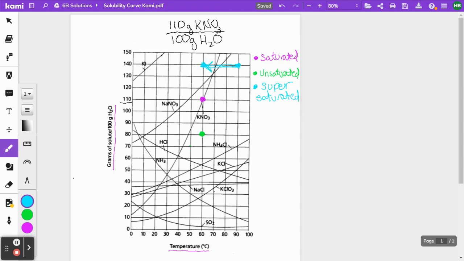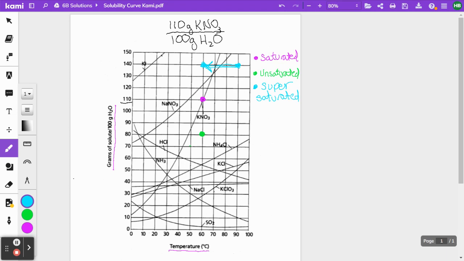Now, as long as I don't touch it, it stays dissolved. If I tap the container, a lot of the solid will precipitate out. A solid that settles to the bottom of a solution is a precipitate. The other thing that could happen is if I drop one more crystal in there, called a seed crystal, that would also cause a large amount of solid to precipitate out.